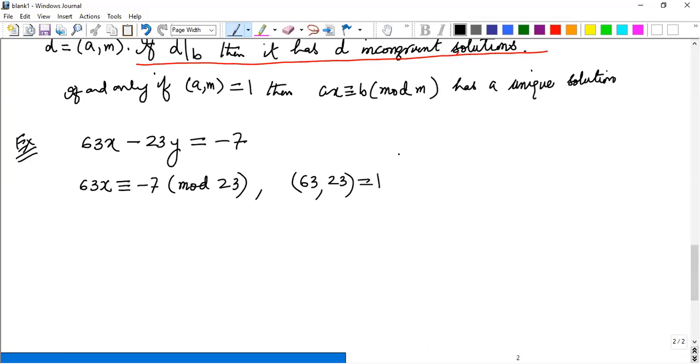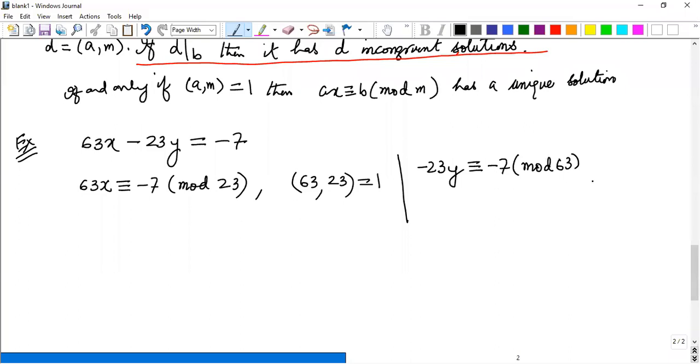And the other one, if we consider y as the variable, so this will become ax, or you can write -23y is congruent to, in that case, the coefficient of x becomes m, and -7 remains a constant, which is b, so -7 modulo 63.